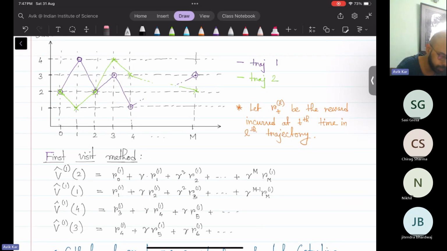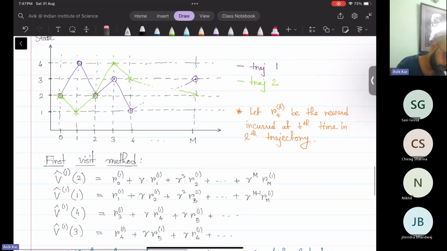In both trajectories we have done that, right? But first visit says that when you visit the state for the first time, you compute this estimate from that time onwards, and that's it. You don't have to compute the estimate again when you visit it a second or third time. Every visit method says no.